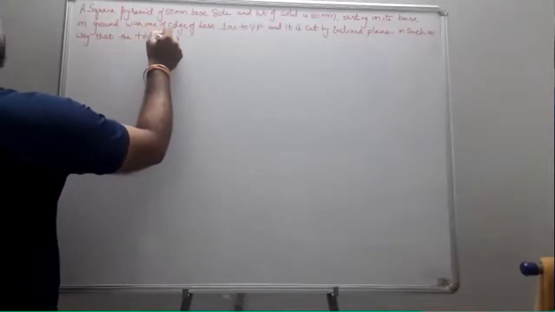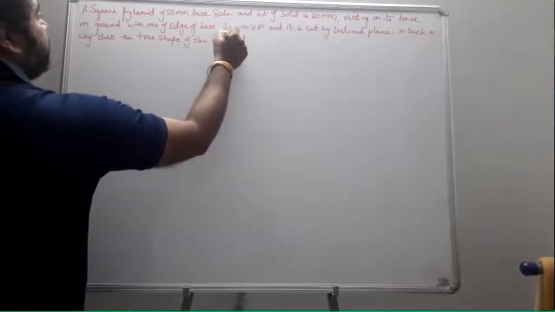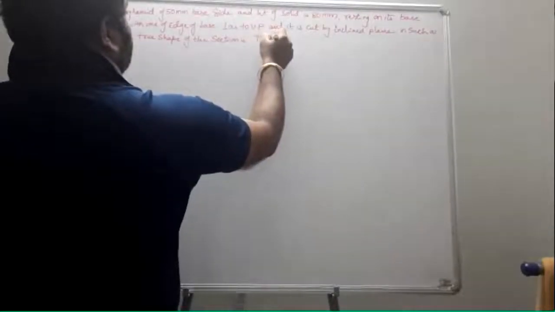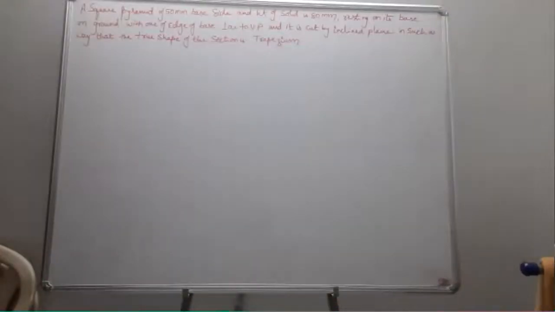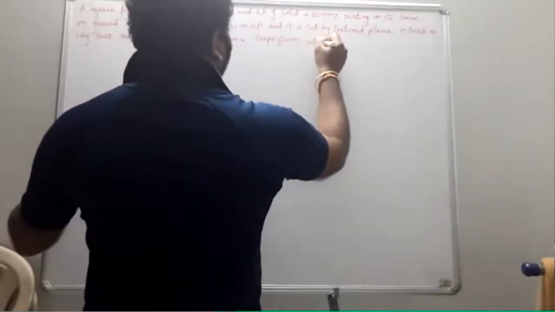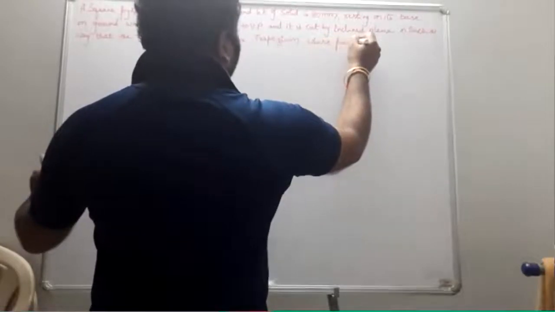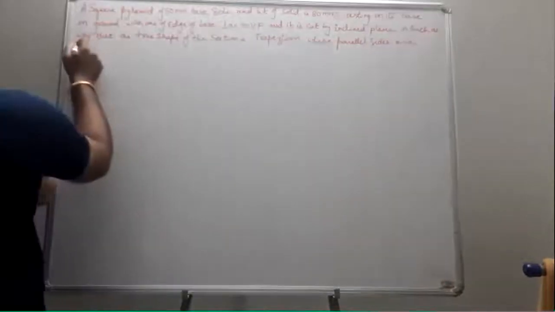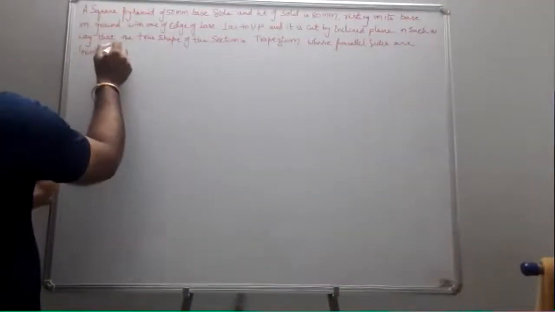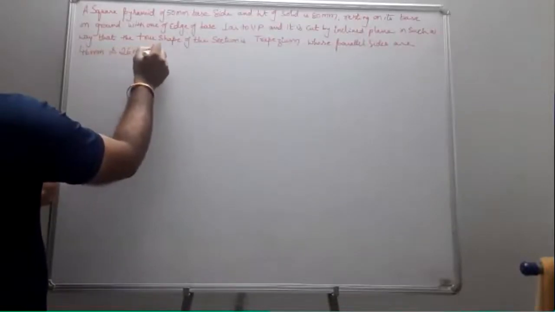The true shape of the section is trapezium, whose parallel sides are 46 mm and 26 mm respectively.